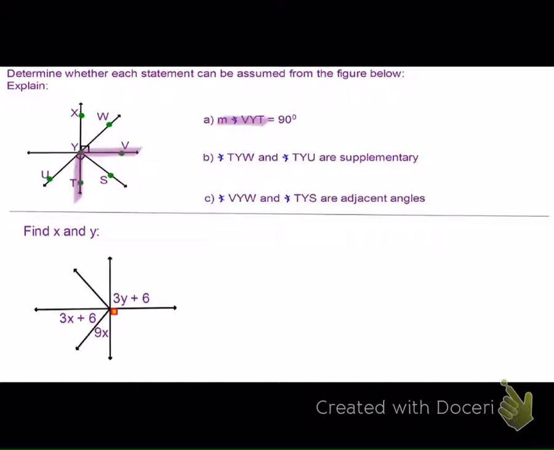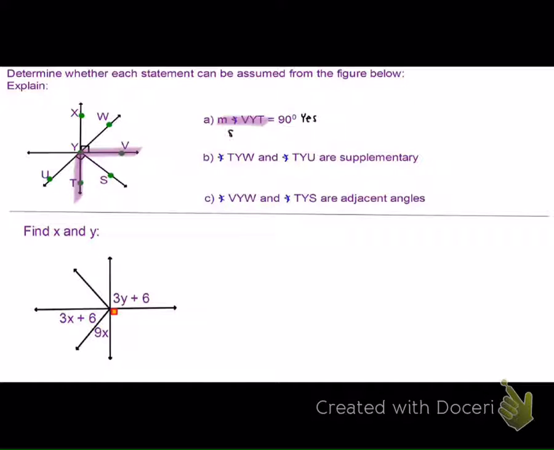Why do you think that, Kylie? There is a right angle symbol there, so it's going to be. And what do you know about this angle that already has the right angle symbol and this angle here? What do they form? Katie, what is it? It's a linear pair. So we know linear pairs add to 180. So the answer is yes.